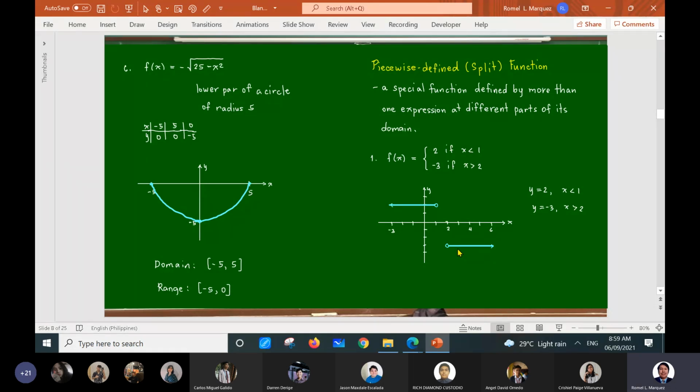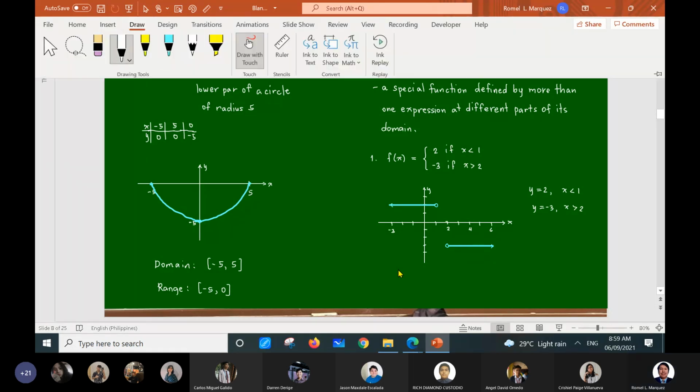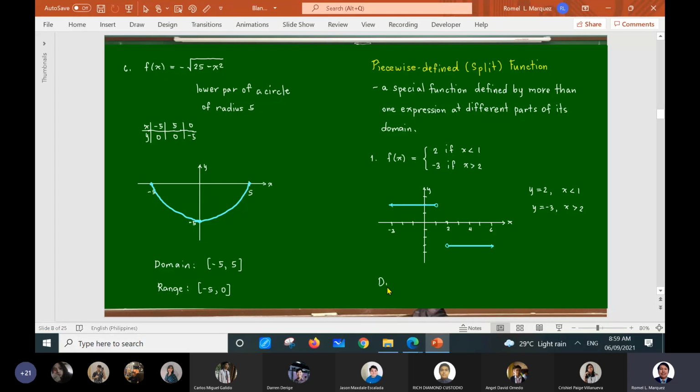What do you think is the domain, children? Guys, what do you think is the domain? Negative infinity to less than 1, right? Union with greater than 2 to positive infinity. So that's the domain.